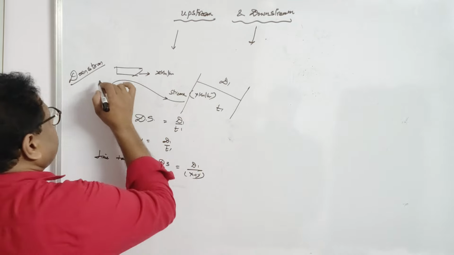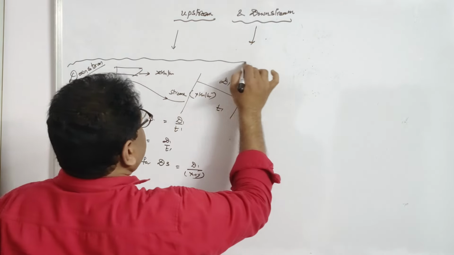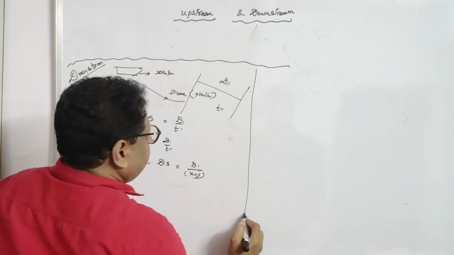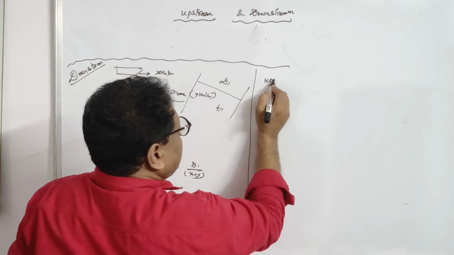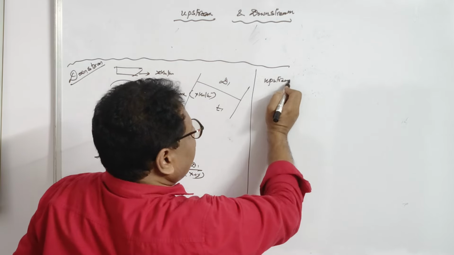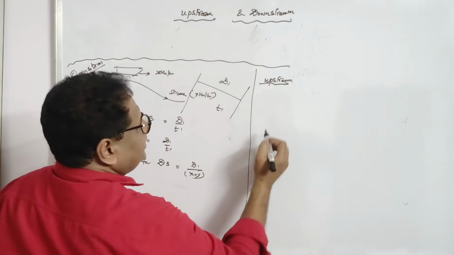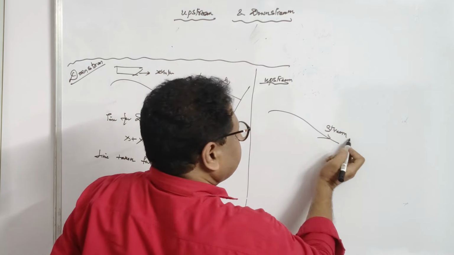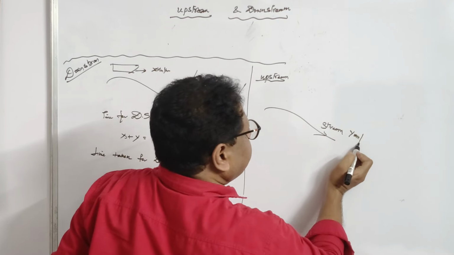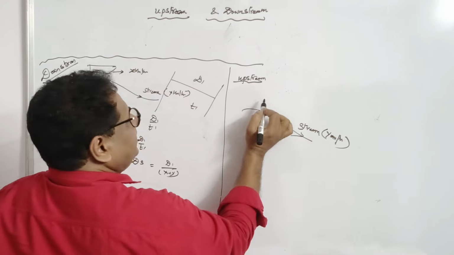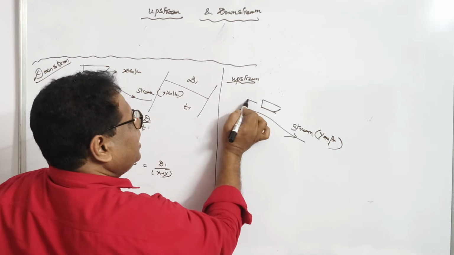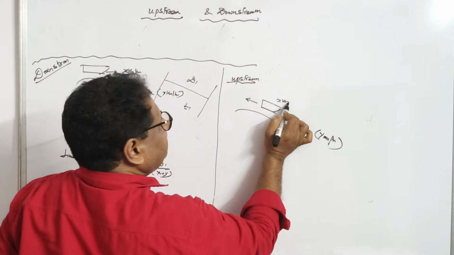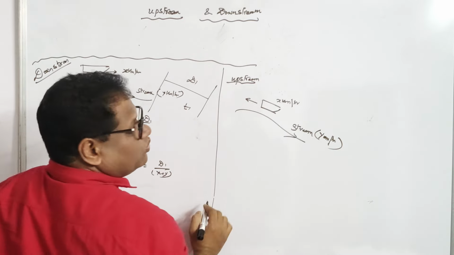This is for the downstream. Now let's compare with upstream. Upstream means the boat is moving against the stream. Suppose the stream has the same direction and speed y km/h, and the boat is now moving against the direction of the stream with the same speed, x km/h in still water.